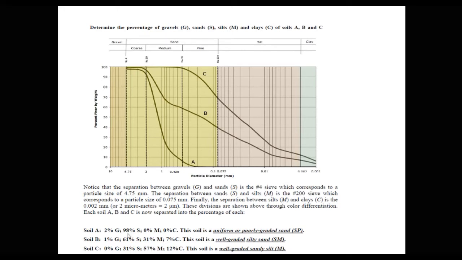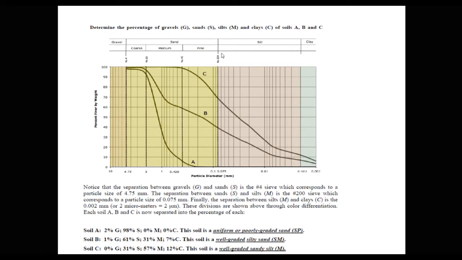That means approximately 61% sand. And if you were to go past this number 200 sieve and look at clays, look at this graph that goes all the way from the number 200 to 0.002, you're going to see that the percentage silt is close to 31%. So just do the math. If you just subtract this 38 from 69, you're going to get 31%, and the remaining 7% is clays.